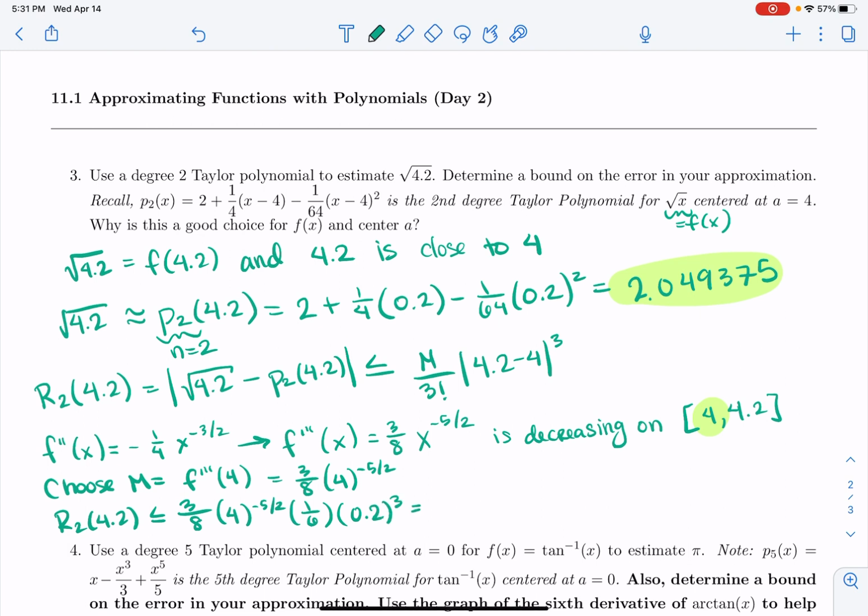And I'll just plug that into my calculator. 3 divided by 8 times 4 to the parentheses minus 5 over 2 times 1 over 6 and times 0.2 cubed. And I get that that's 1.5625 times 10 to the minus 3.